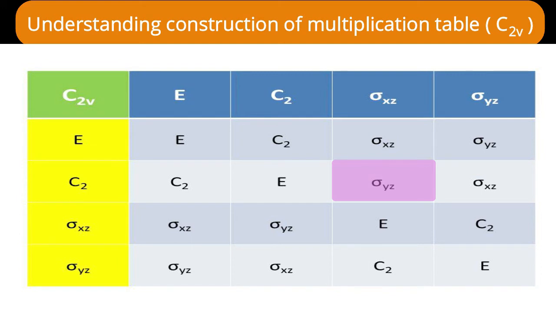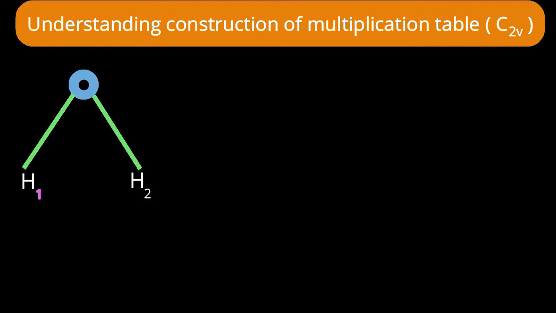Similarly, I want to work on a second important result, the multiplication between C2 and sigma yz. Let us start. Again, the original water molecule, H1 to the left side, H2 to the right side, and the nose is pointing towards us. And I want to perform on this water molecule which operation?